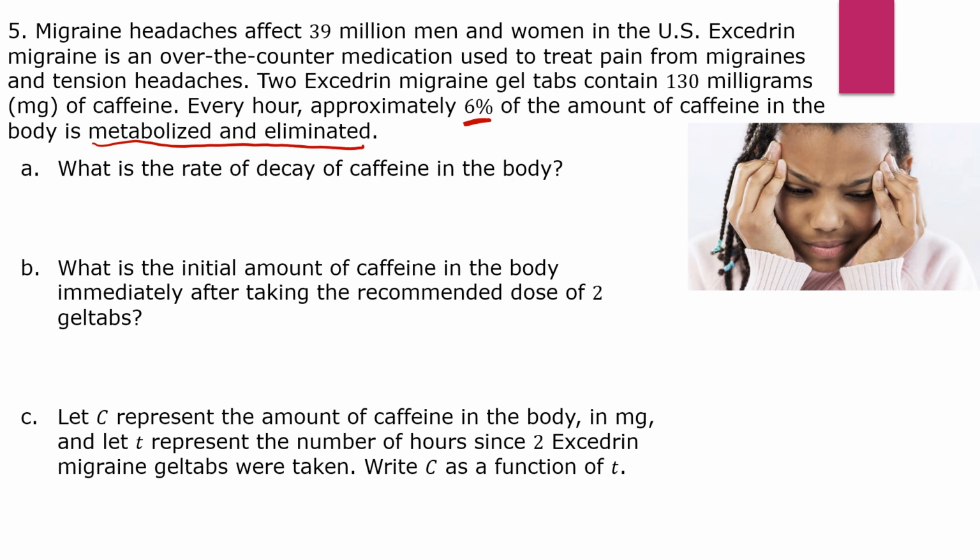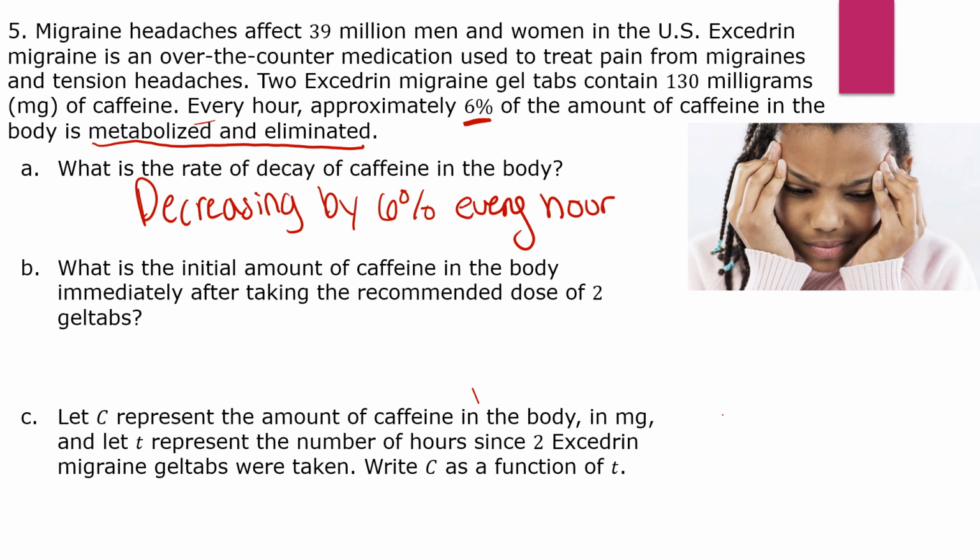So your body metabolizes the caffeine and then expels it from your body. So the decay of your caffeine is decreasing by 6%. And they say every hour. So it's decreasing by 6% every hour.